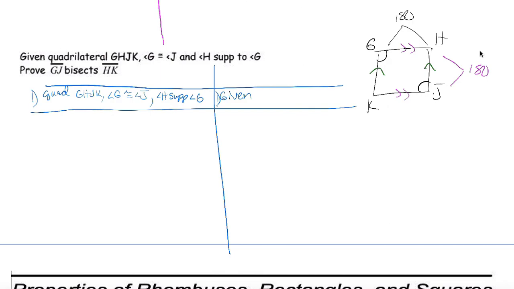If I have a pair of angles supplementary and I have a congruent pair, then I can use the congruent supplements theorem to get another pair of supplementary angles. Feels like a substitution, but it's got a specific reason that we write. I'm basically switching out the G here with the J and saying that angle H is supplementary to angle J. We're using the congruent supplements theorem to do that.